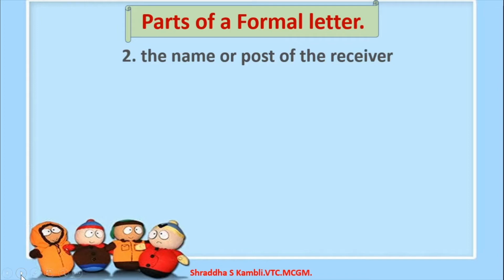So I am the sender and you will be the receiver. Okay, so let us see now what will come in the next part of the letter. And where will you write the name of the receiver or the post of the receiver? You will write it near the left margin.